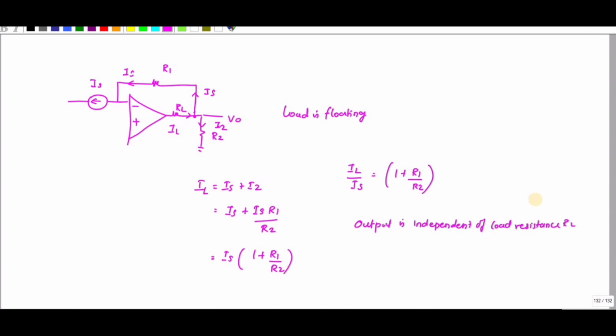Here the signal current produces a voltage drop VR1 across the resistance R1, and the voltage at the junction of the three resistors, R1, R2 and RL, is VR1, because the op-amp non-inverting input terminal remains at ground level.